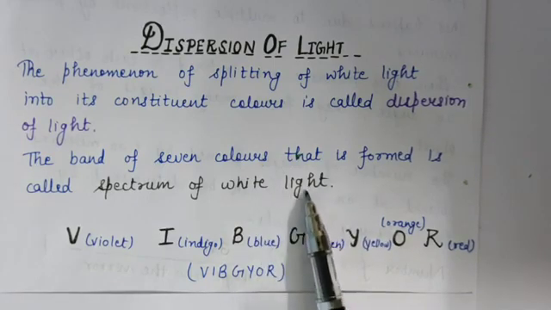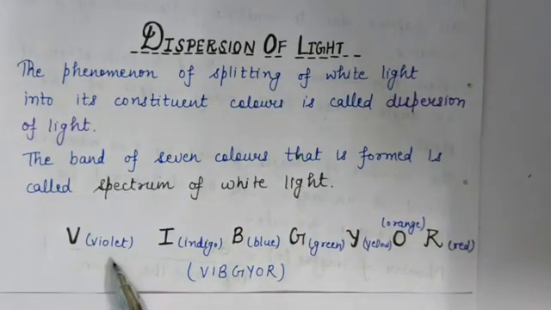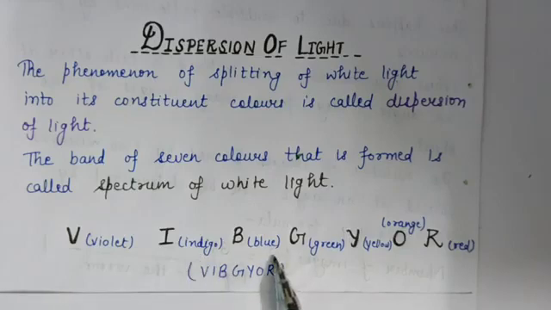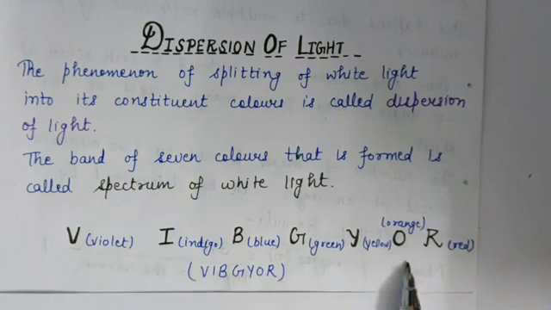The colors appear from the white light. We know that white light is made up of 7 colors: violet, indigo, blue, green, yellow, orange and red. This is called VIBGYOR, the method to learn the colors of white light.